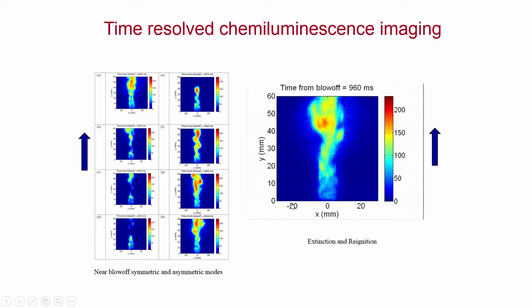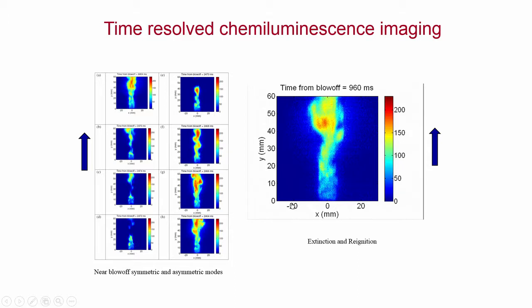Now, before we do the PIV PLIF, we can do chemiluminescence imaging also. Chemiluminescence is essentially the visible light emission that we see from the flame. One thing you have to know is that this chemiluminescence emerges from radicals which are chemically activated, and as a result these are not in thermal equilibrium, and from this chemiluminescence you cannot really measure the radical concentration because there is no equilibrium among them.